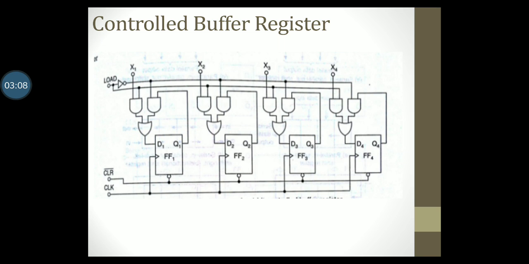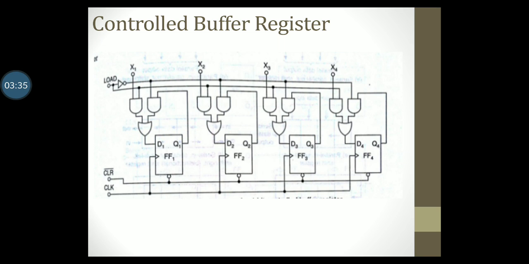Label each input as D1, D2, D3 and D4. Next, label each output as Q1, Q2, Q3 and Q4. Each flip-flop is positive edge triggered and is connected to the same clock signal.